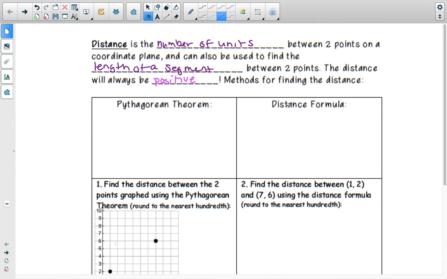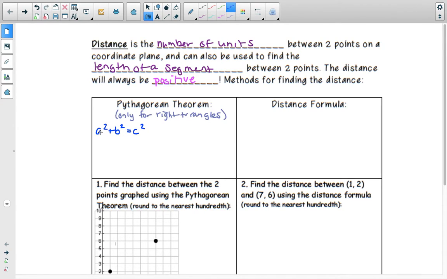The distance formula comes from the Pythagorean theorem. So, Pythagorean theorem is used only for right triangles. Now, most people know it as a squared plus b squared is equal to c squared.